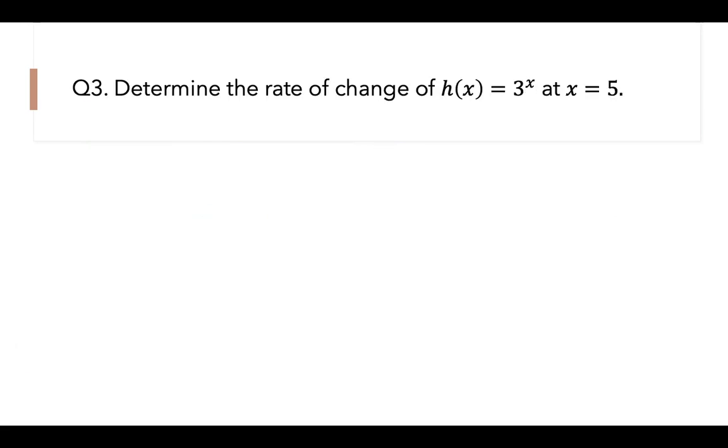Okay, so question 3, determine the rate of change of f at x equals 5. Okay, so this is like any other question. It's an instantaneous rate because we're looking at this point. Now, the equation is an exponential.